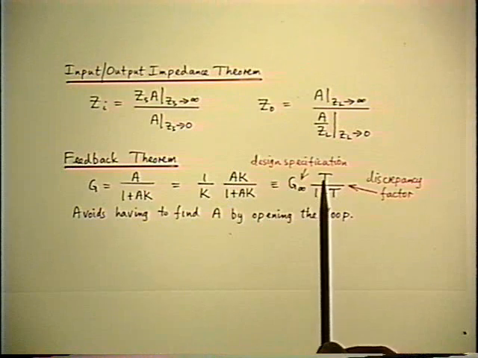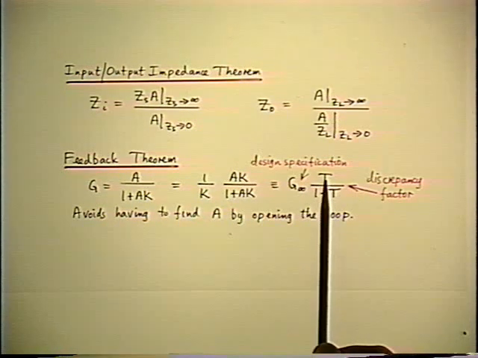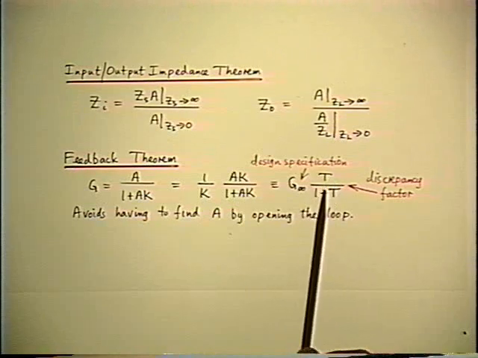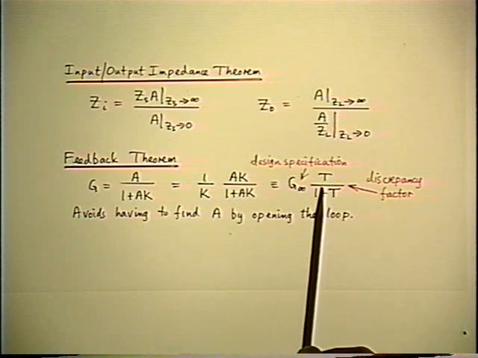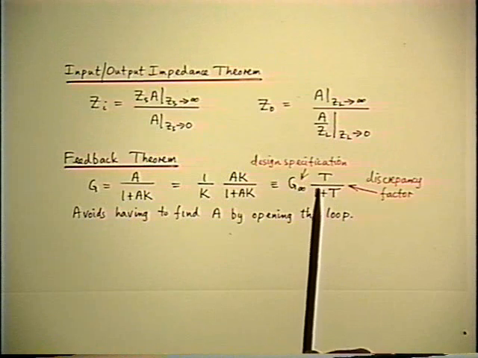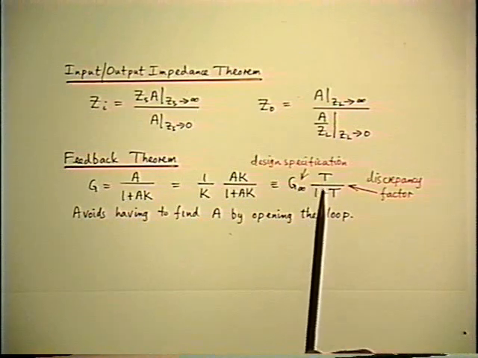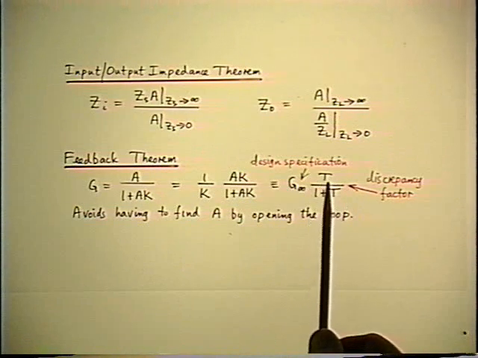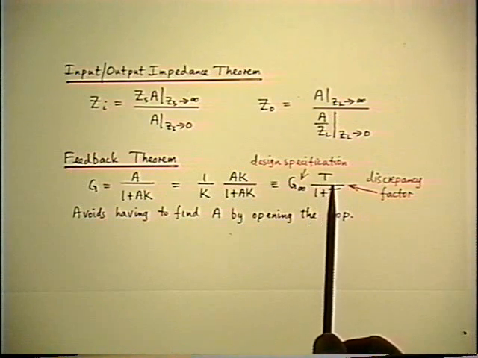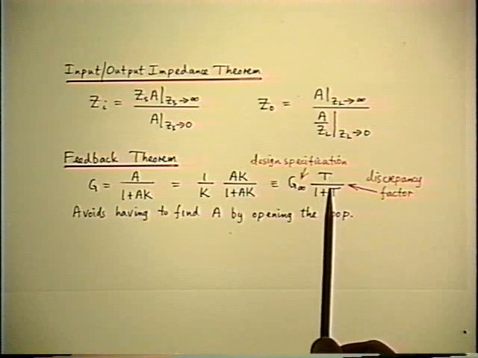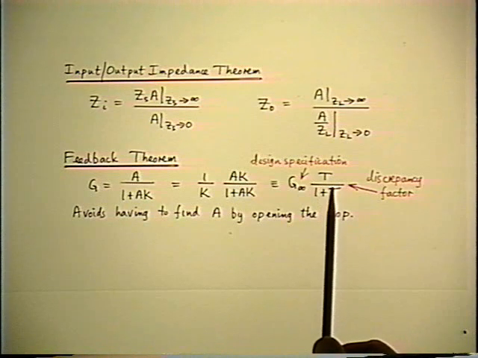So maybe at both ends of the frequency range, T is going to go away, which means this factor ultimately goes to 0 at both extremes. So the second part of the design problem, and this is really the difficult part, is keeping T large enough so that the discrepancy factor is close enough to 1 over the specified frequency range.